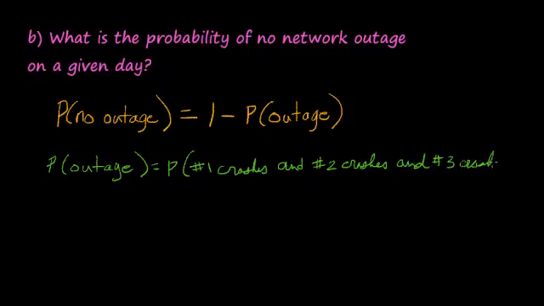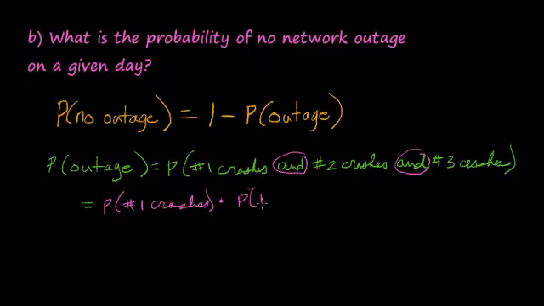That's what has to happen for the whole network to shut down. So these are independent events. The word is and, so we use the multiplication rule. The probability number 1 crashes times the probability that number 2 crashes times the probability that number 3 crashes.